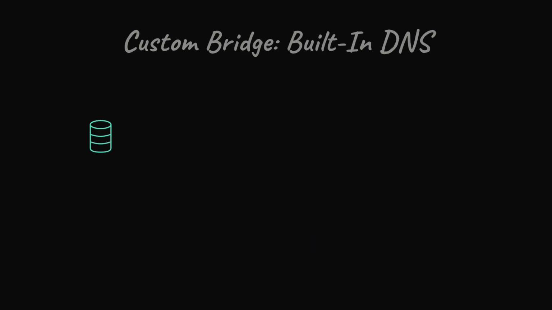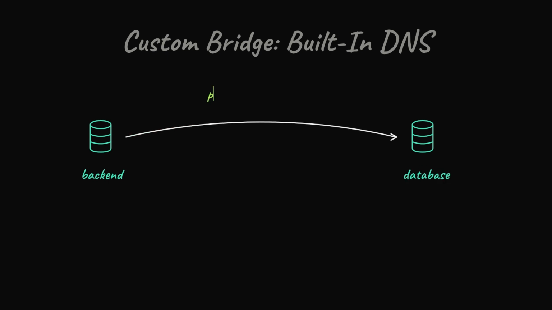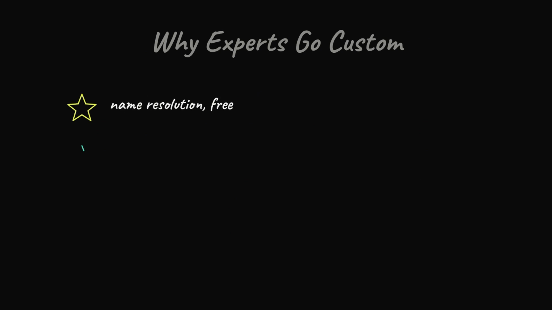But if you create your own custom bridge network and attach containers to it, Docker gives you built-in DNS. That means one container can just ping another by its name, like database or backend, and it works. This is a big reason experienced Docker users almost always create custom networks instead of relying on the default one.